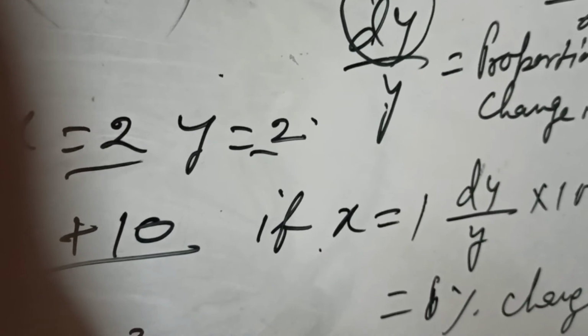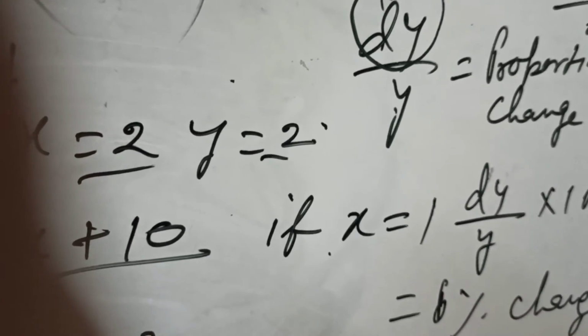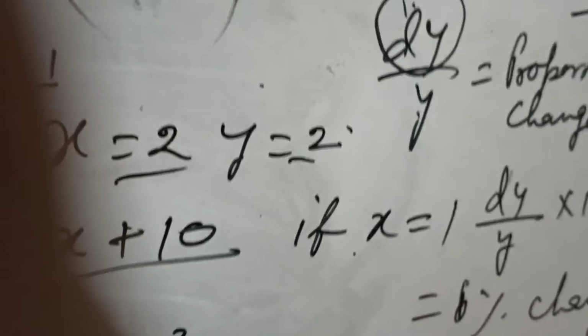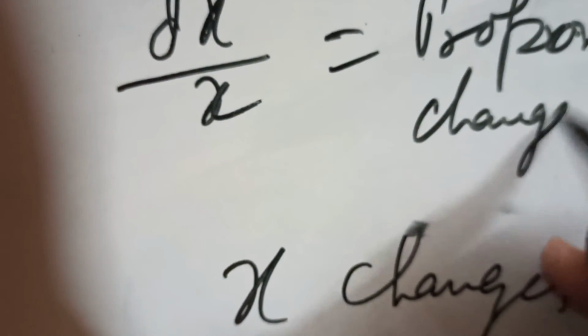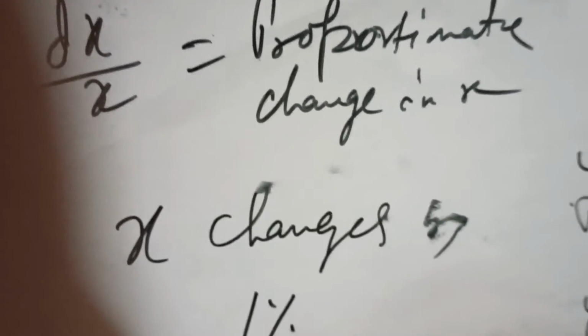Similarly, dx by x equal to the proportionate change in x, and if it is multiplied by 100, that is the percentage change in x.